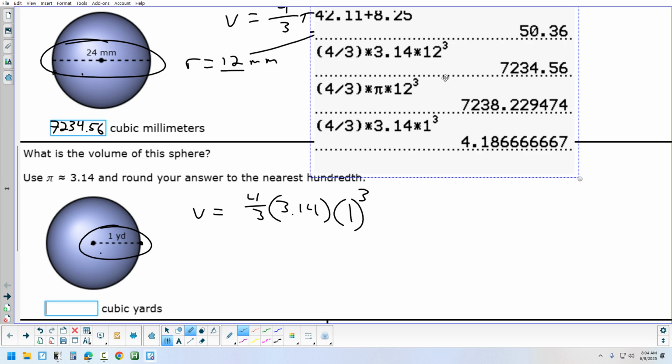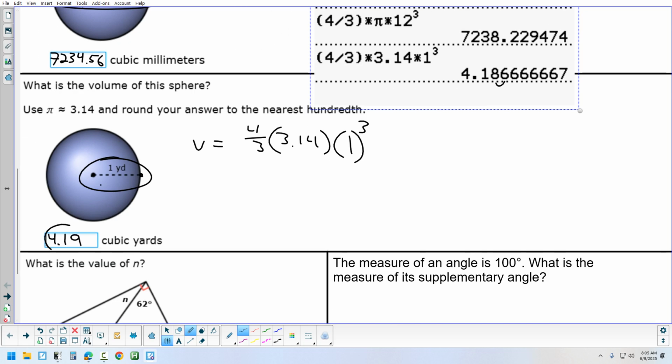If we're going to round to 2, 4.20 is not quite it. If you're going to round to 1, it would be 4.2. But we're not rounding to 1, we're rounding to 2 decimal places. So we need 4 point something something. 4.19. That's going to round up because that number is a 6. So 4.19. And it's cubic yards. They already have the label for you.